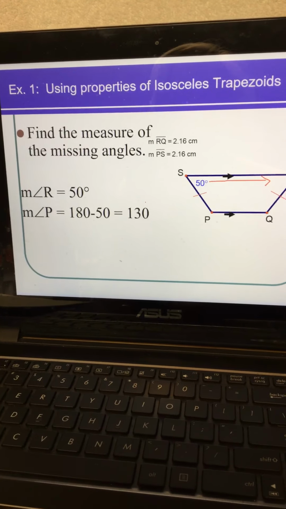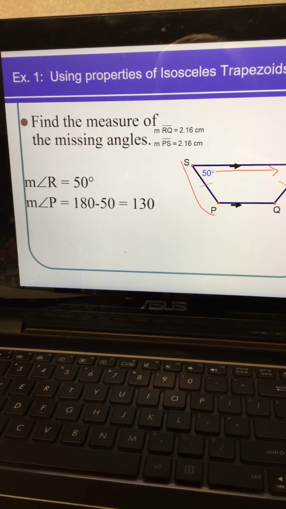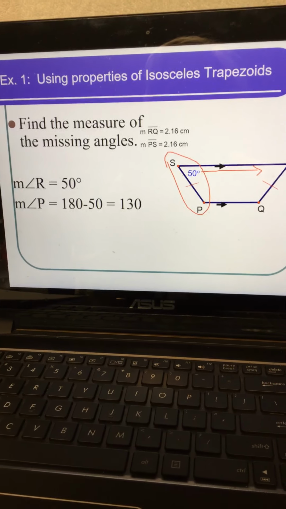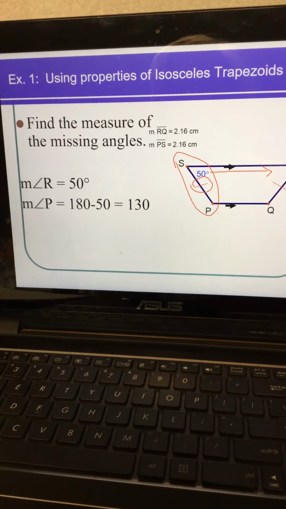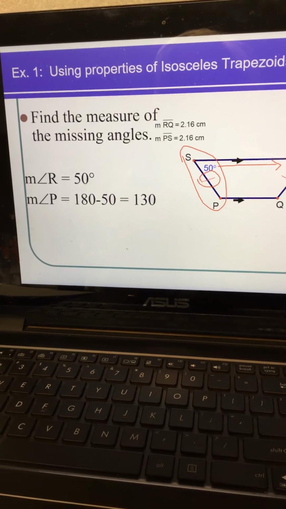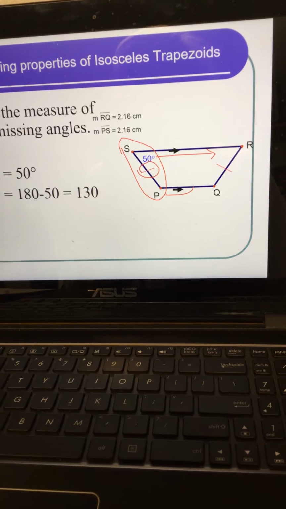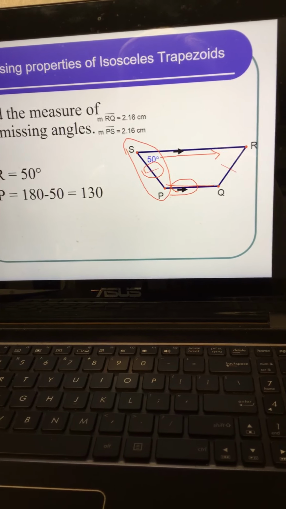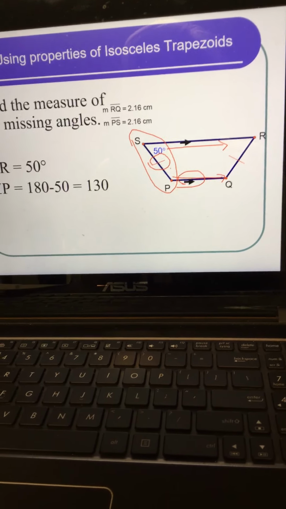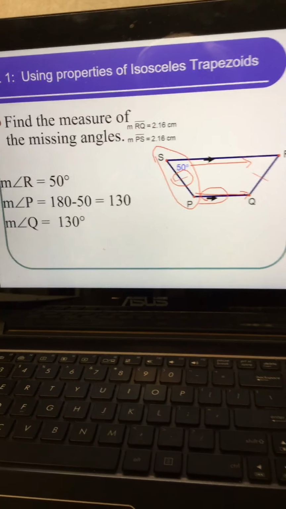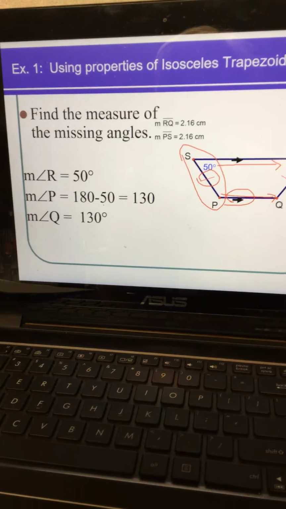And then I'm moving on down and I'm thinking about how does P relate to S. They are sharing a leg. So that would be 180 minus 50, which would be 130. And then when I get down here to angle Q, there's that arrow pointing. So if P was 130, I would know that Q would have to be 130 also.